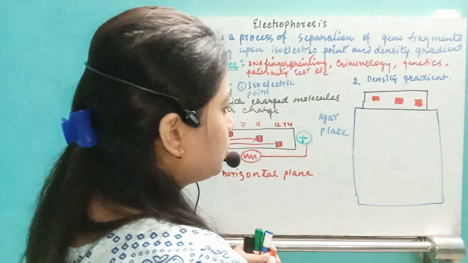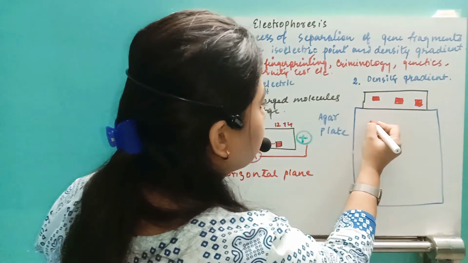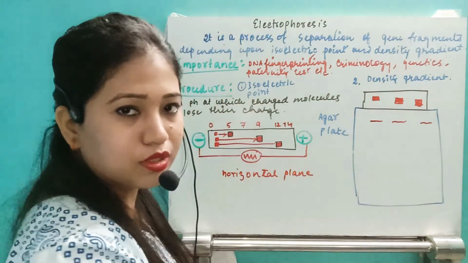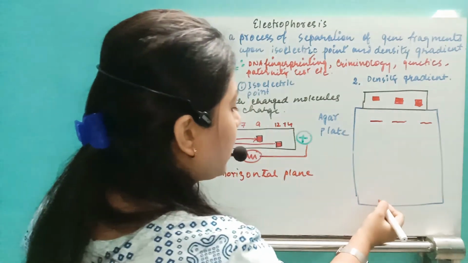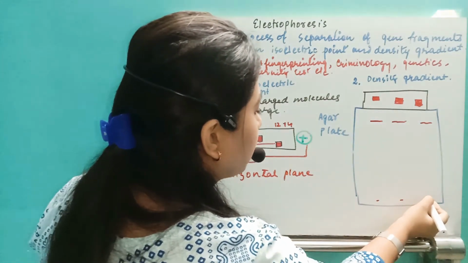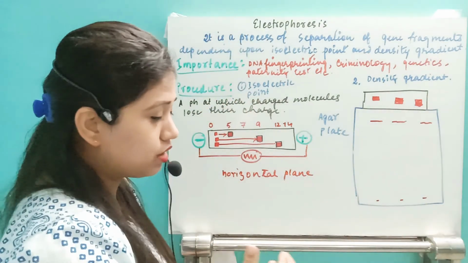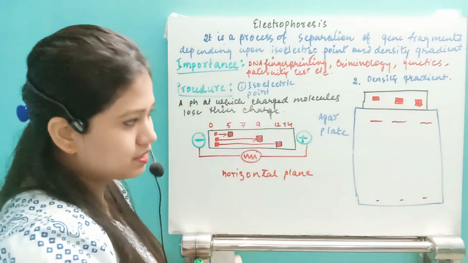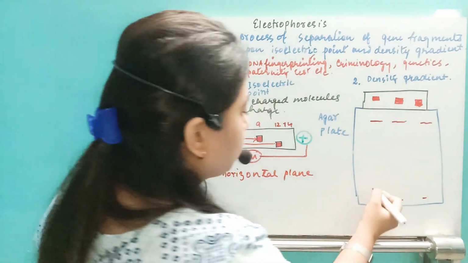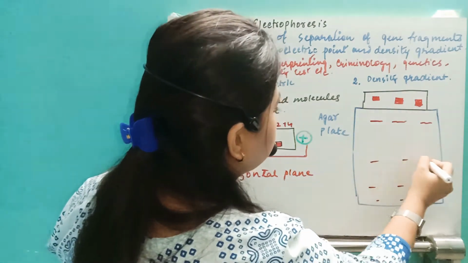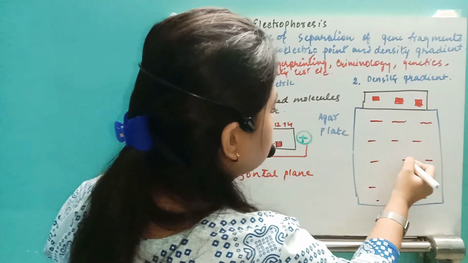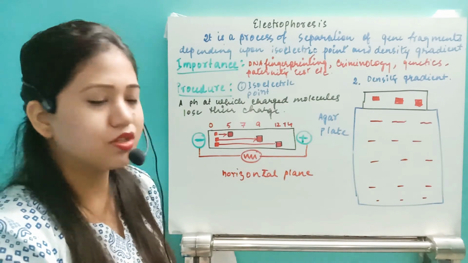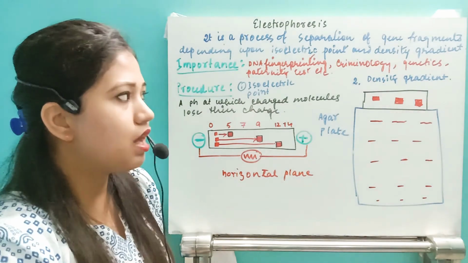The longer gene fragments will not be able to run too fast, and the smallest gene fragments will travel a longer distance within a small period of time. This way the gene fragments can be separated.